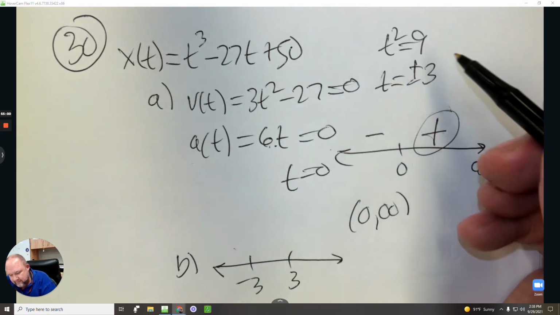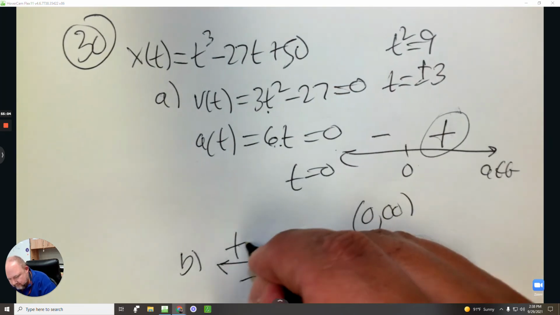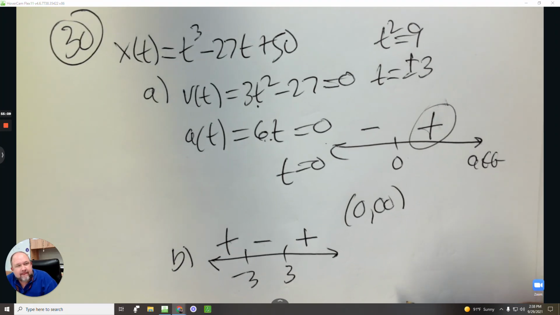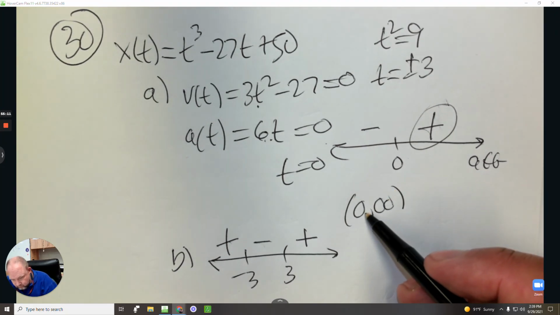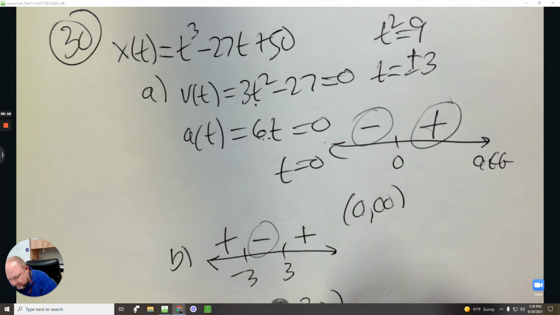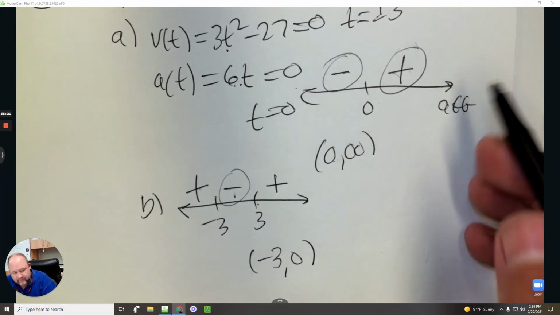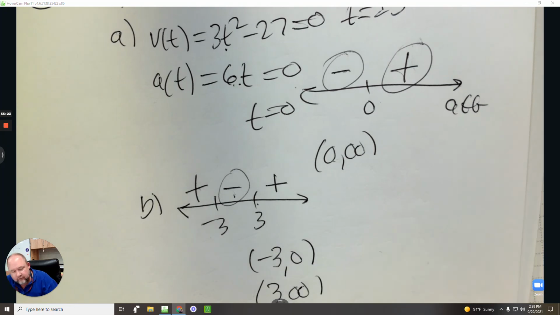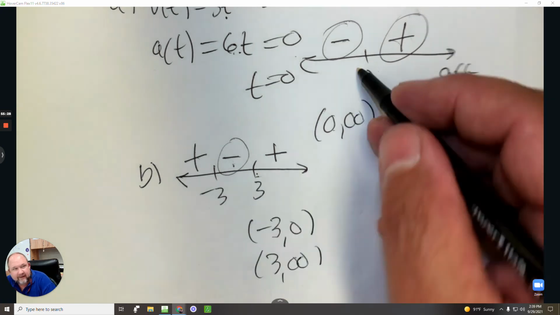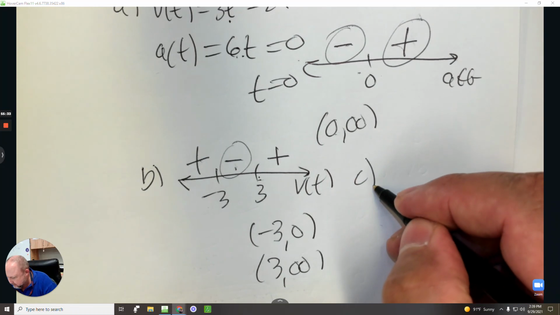If I plug in a negative number, these are the signs. So, where are the signs the same? So from -3 to 0, both are negative. And from 3 to infinity, the signs are the same. So speed is increasing from -3 to 0 and 3 to infinity because the signs match for velocity and acceleration. So therefore speed is increasing.